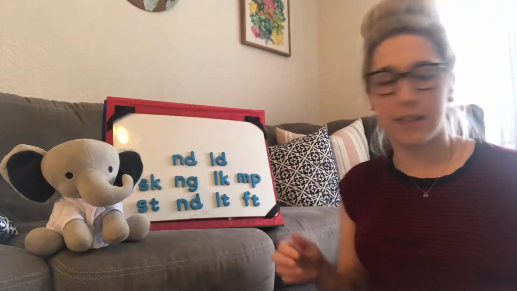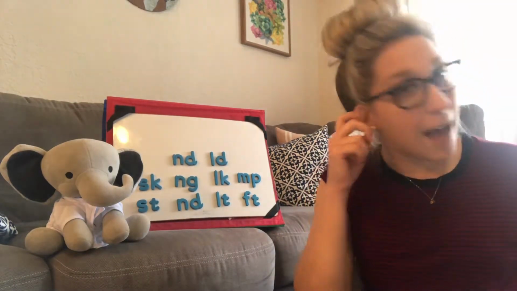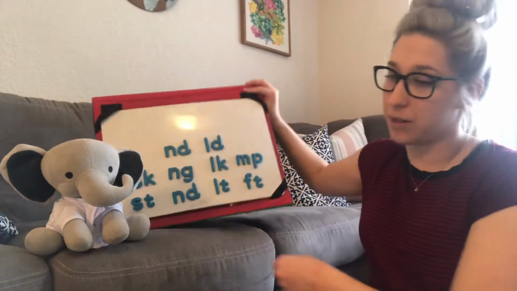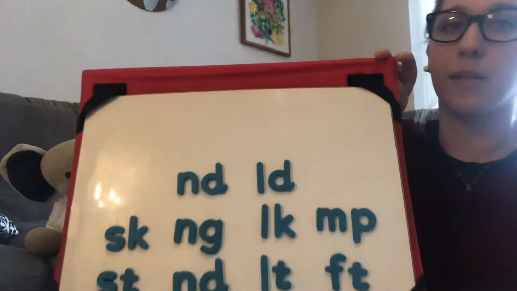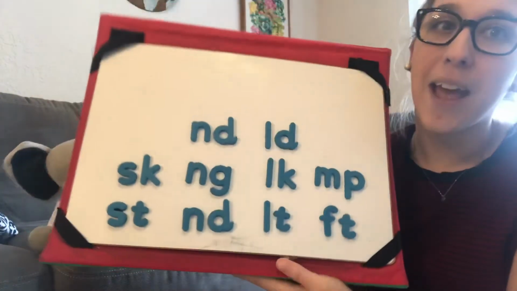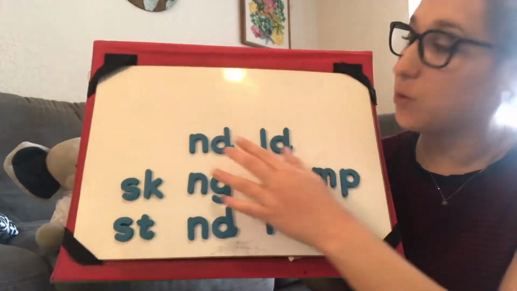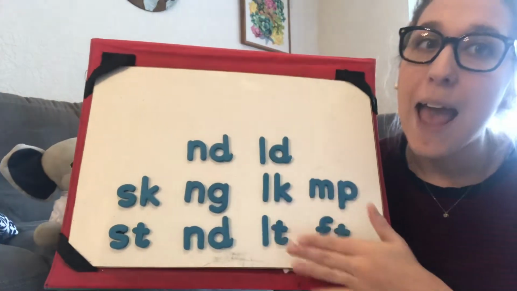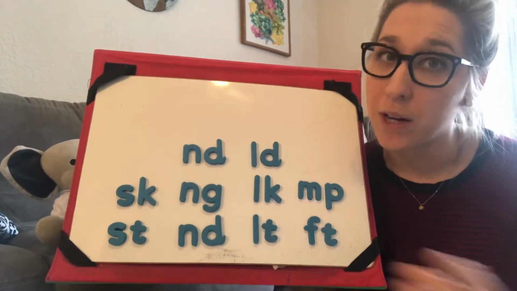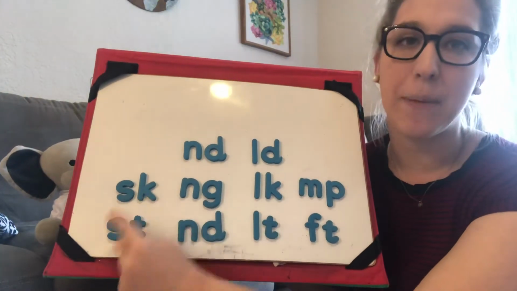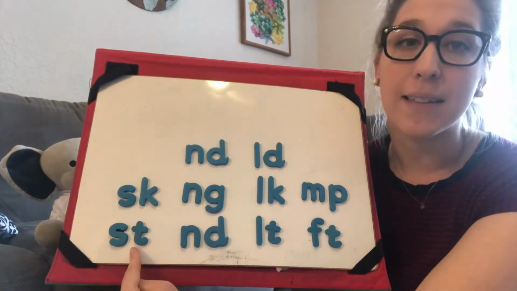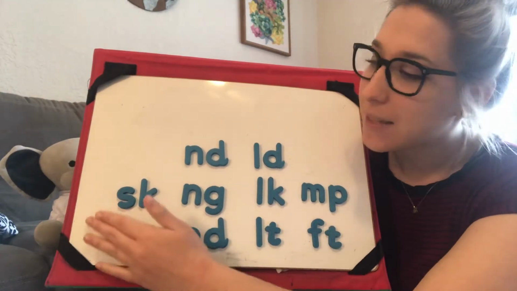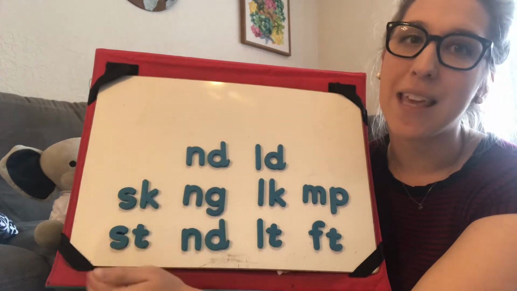But now let's look at some of these blends that happen at the ends of our words. So I'm going to bring our chart closer. With this, we'll see that these blends happen typically at the end of a word. These two are pretty common at the beginning, like sk-unk or st-em, but this time we're going to see what they look like when they come at the end of a word.